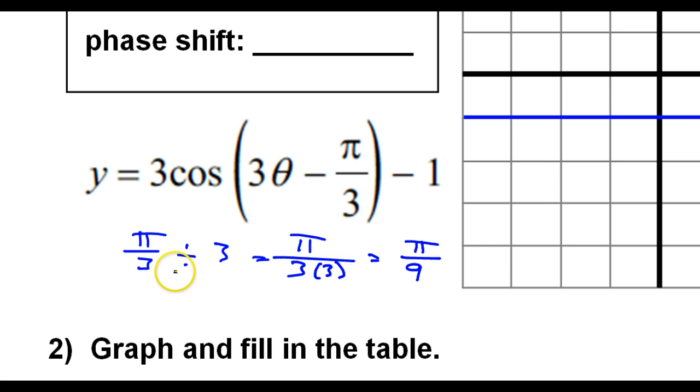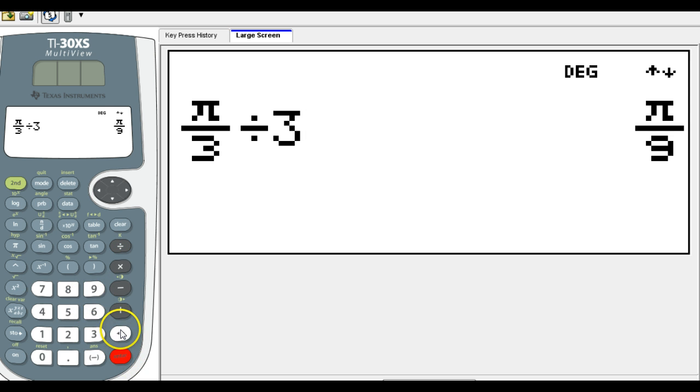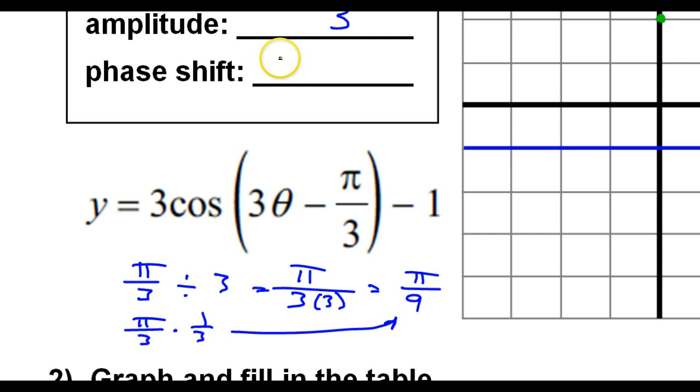If you did not know that, you could think of it as pi over 3 times 1/3, multiplied by the reciprocal. And that would give you pi over 9. Or you could put it in your calculator, pi over 3 divided by 3, and get pi over 9. Either way you want to do it. So the phase shift is going to be pi over 9, and it's sort of the opposite of this.